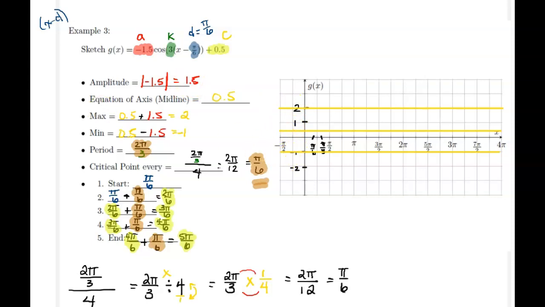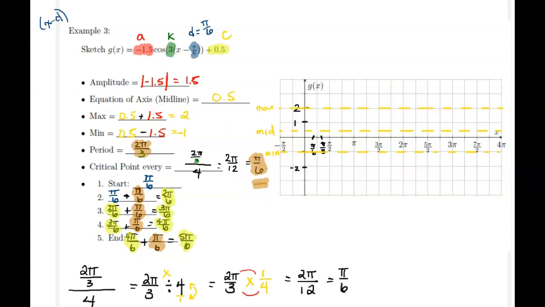Perfect. So let's make these dotted lines as we usually do. All right, just about there. Cool. So again, this was my max, my midline, and my minimum. Awesome.